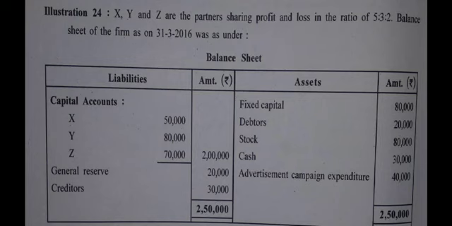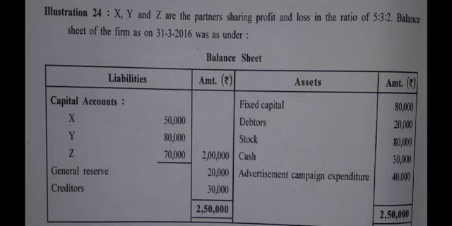Then we have general reserve. Of course, the share of Z in general reserve is to be calculated and is to be credited in his capital account. General reserve is to be distributed among all partners in their old ratio. You know this very well. So what is the share of Z?